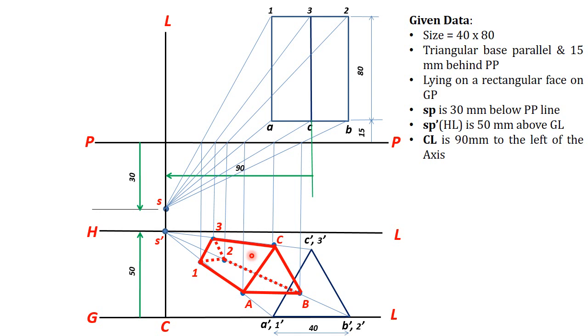All the lines joining a point within the boundary will be either visible or invisible. Here this line is invisible, so the point 2 is invisible, so the other two edges 2, 3 and 1, 2 will be invisible. With this the problem is solved.